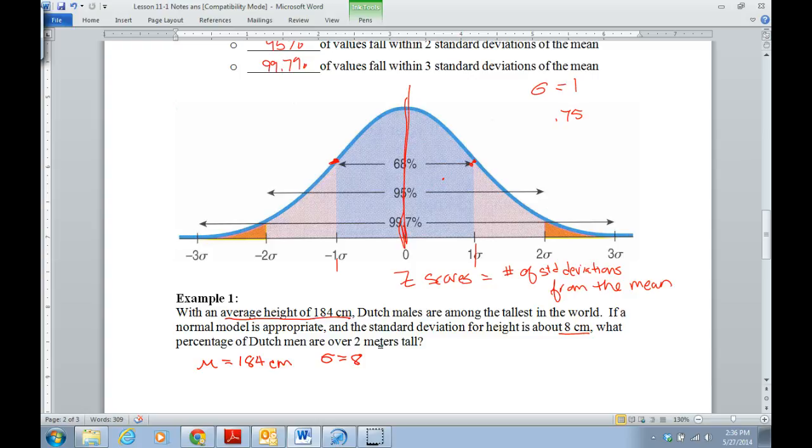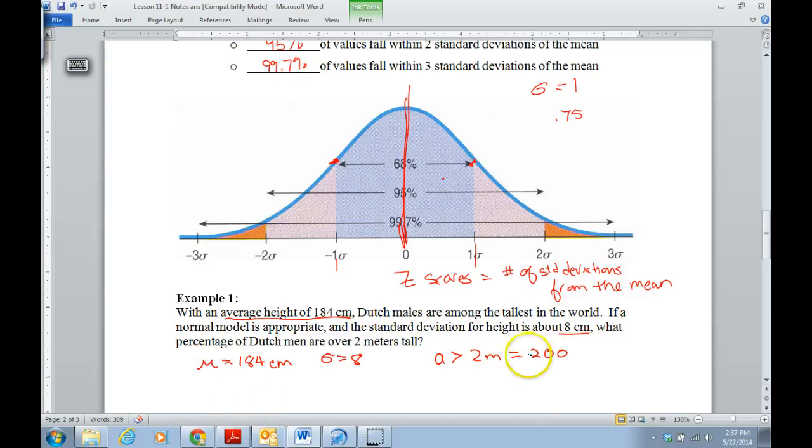It gave us that number. Now it says, what is the percentage of men that are over 2 meters tall? So I'm going to say A greater than 2 meters. How much is that in centimeters? 200. I wanted to place it in 200 because we are in centimeters here.